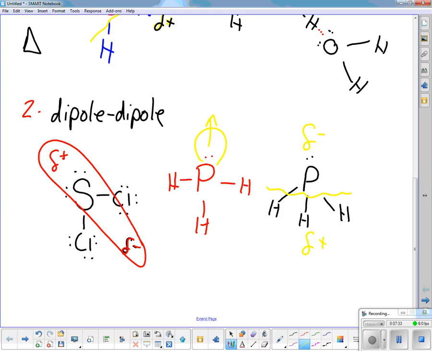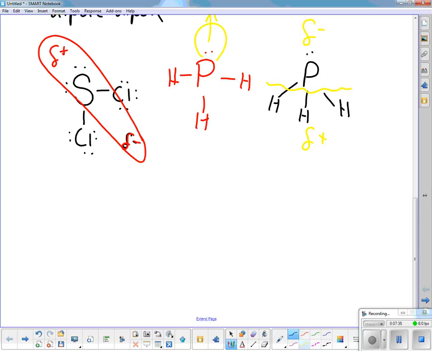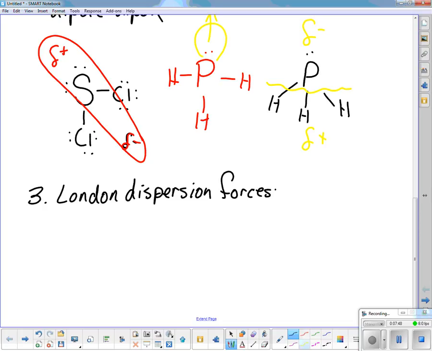Okay, so on the last one, this is the one that most people go, okay, this is London dispersion forces. Or what we call LDFs, because that gets really long, and you know scientists like to do shortcuts.